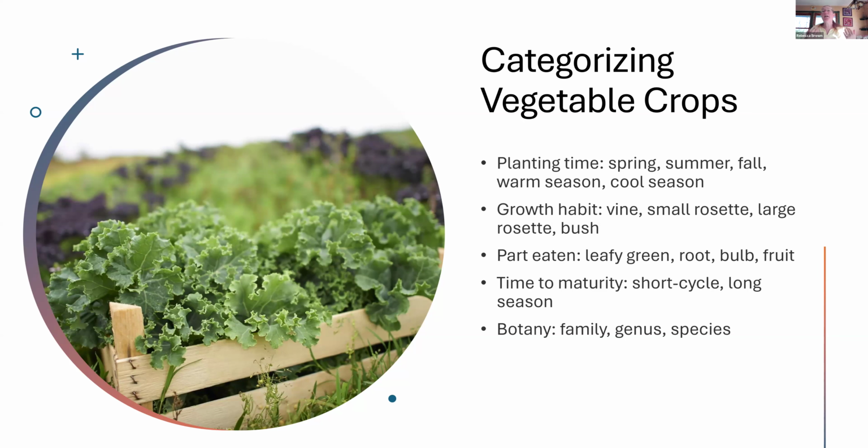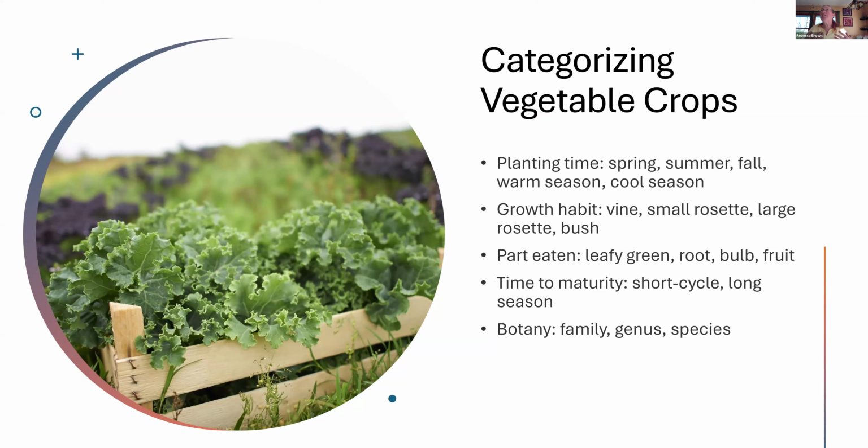Obviously, I already said for this talk, I grouped them by the part eaten. And that is also very common, not only when thinking about presentation, but also if you look on pesticide labels, a lot of pesticide labels will group vegetables by the part of the plant that's eaten.